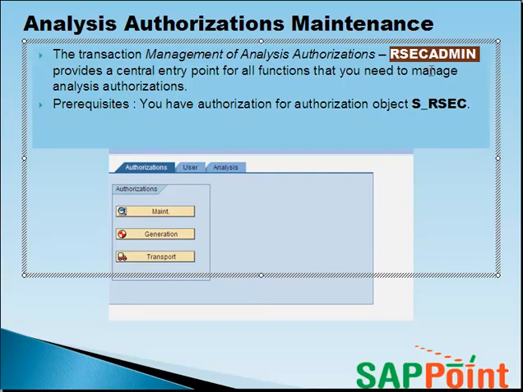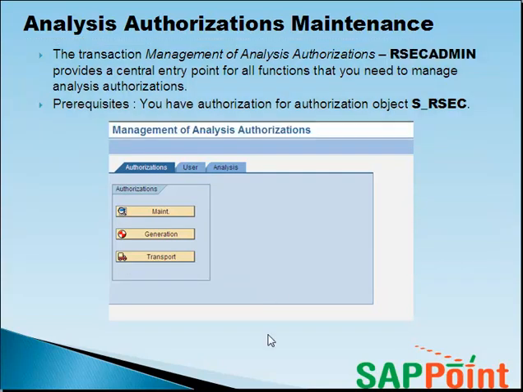So for creating the analysis authorization, assigning the analysis authorization, and troubleshooting, you'll use the same transaction code. Which means that in BW, for let's say creating the InfoObject level security and for troubleshooting, we use the transaction code RSSM. In BI, the transaction RSSM is obsolete. So you no longer use the transaction RSSM in the BI system.